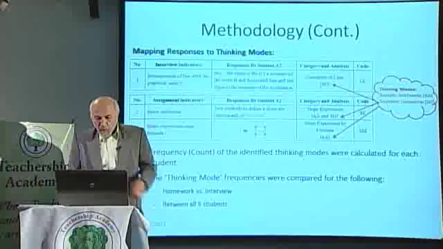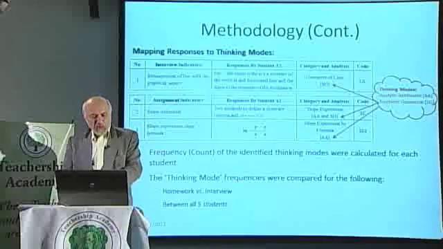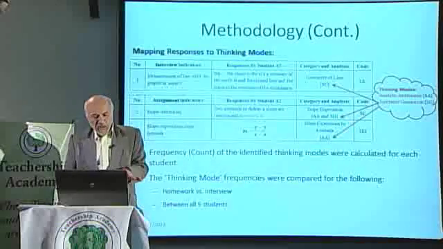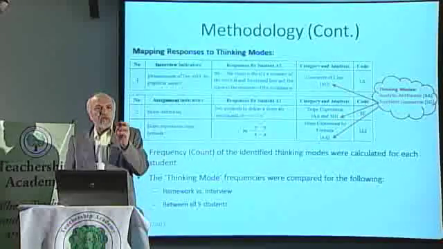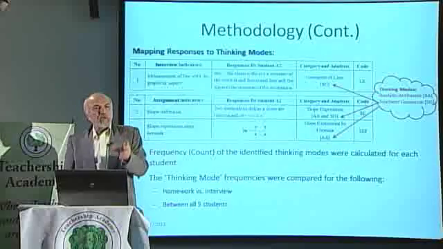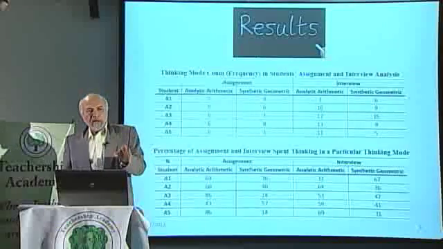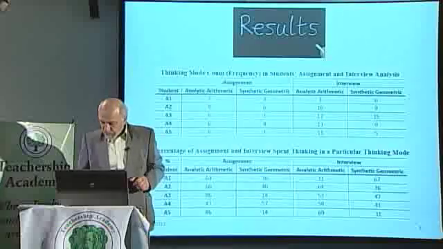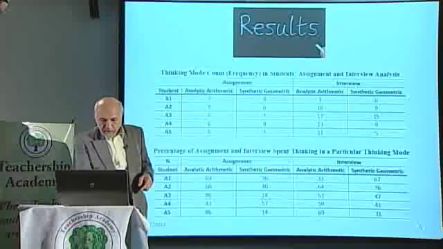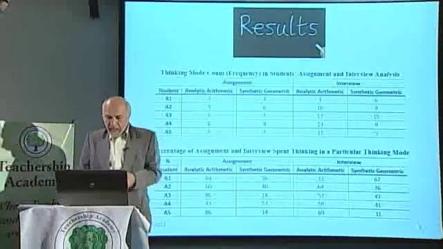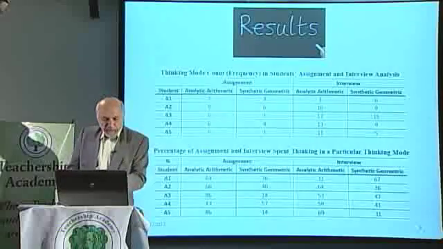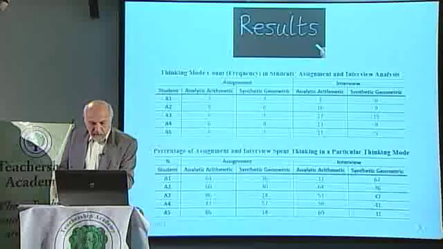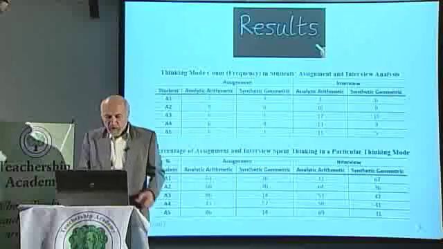I came up with modes. I compared all 5 students, A1 through A5, together, and I was looking for difficulties and for similarities among the modes that I picked up. If you look at the analytical one and the geometrical one, student A, for example, has 7 analytical and 4 geometrical.